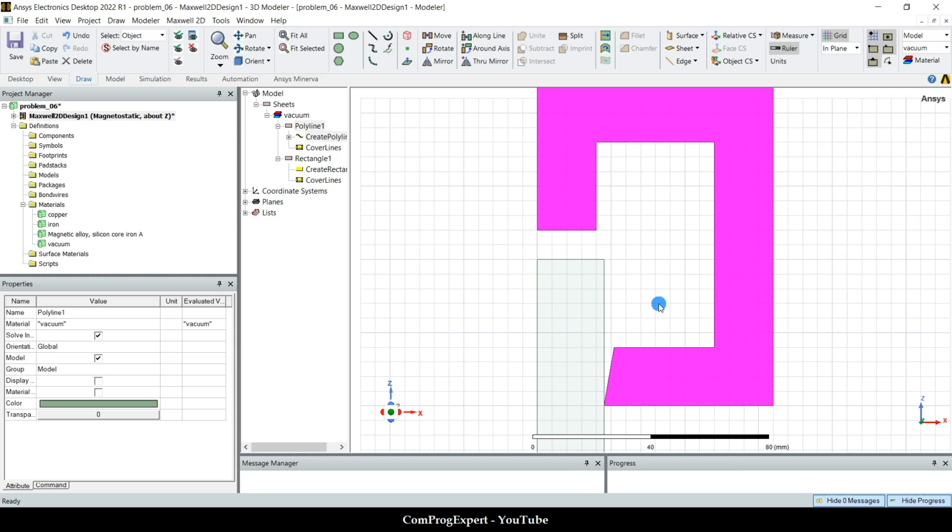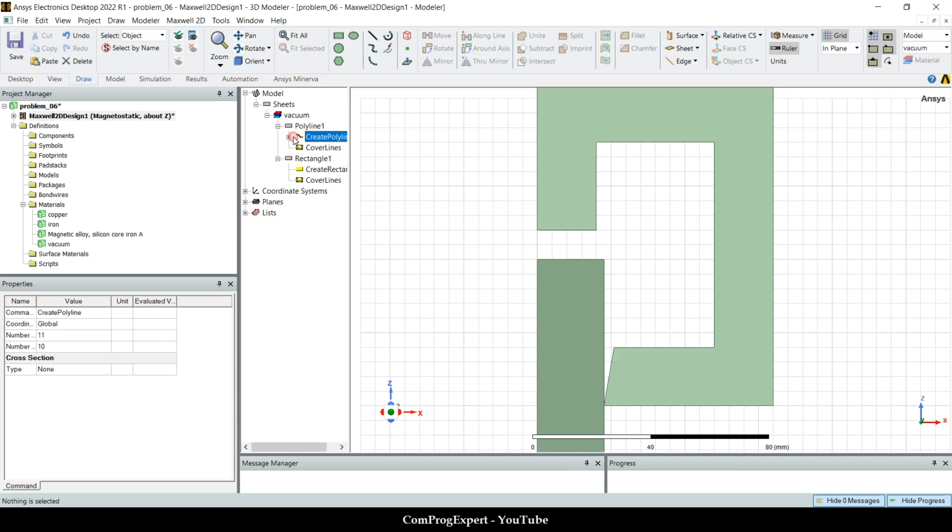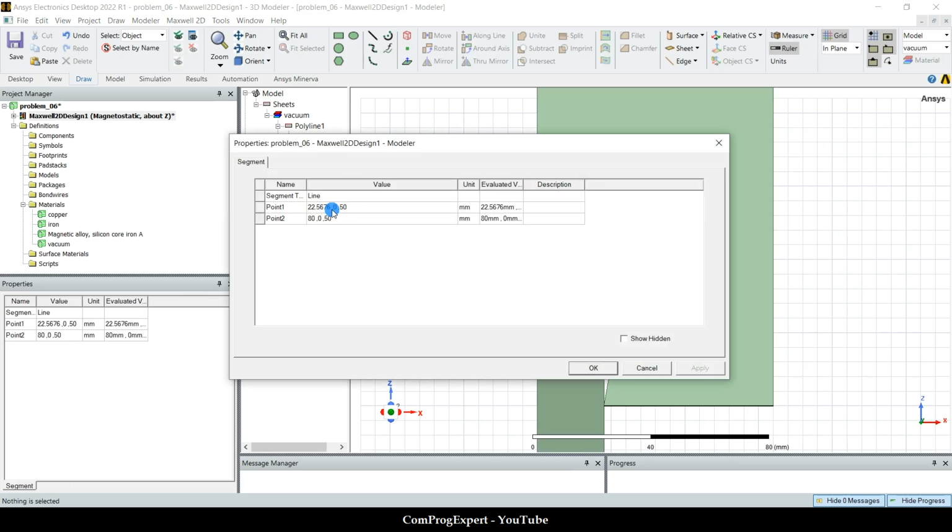So let's set the dimensions. For this polyline, the first point I use, let's define this parameter, the radius of the moving part, rm.